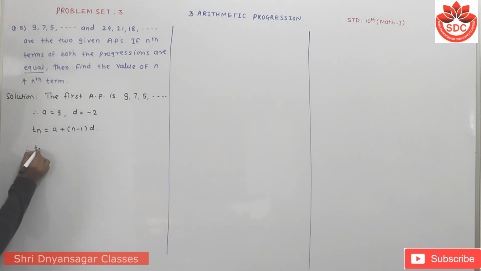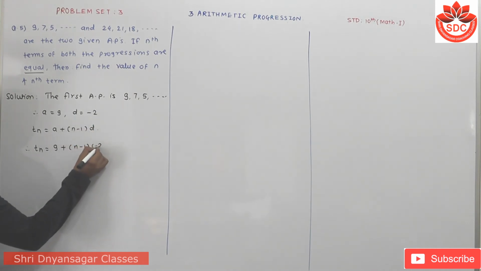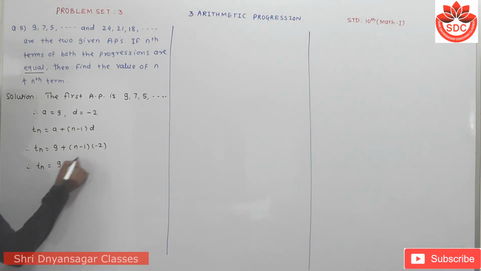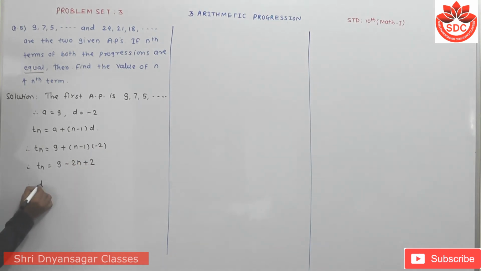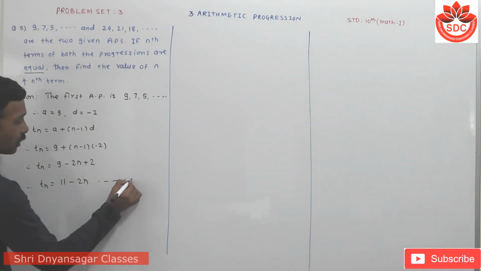Therefore Tn is equal to 9 plus n minus 1 into minus 2. We have to multiply it. Therefore Tn is equal to 9 minus 2n plus 2. Therefore Tn is equal to 11 minus 2n. Now suppose that this is equation number first.